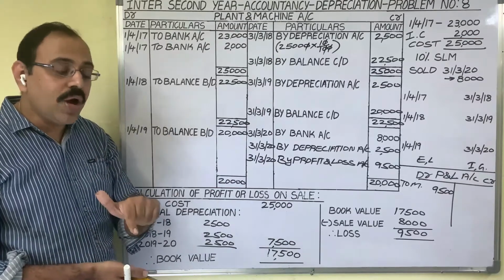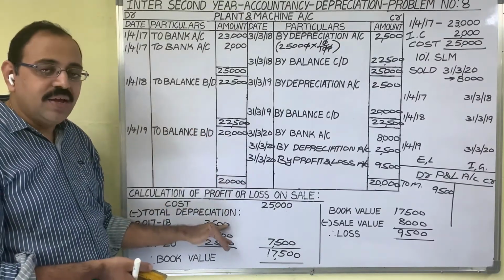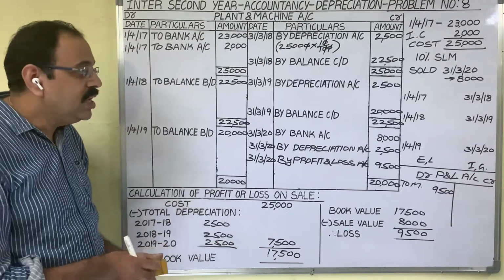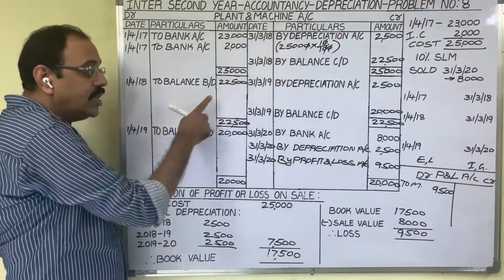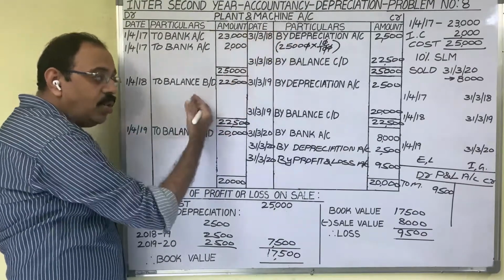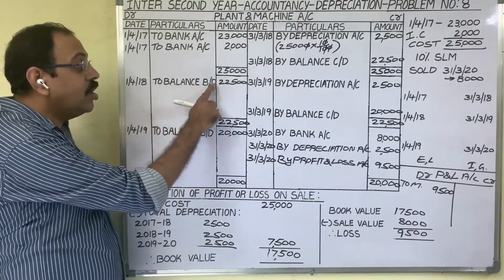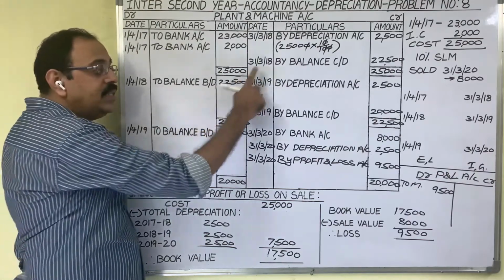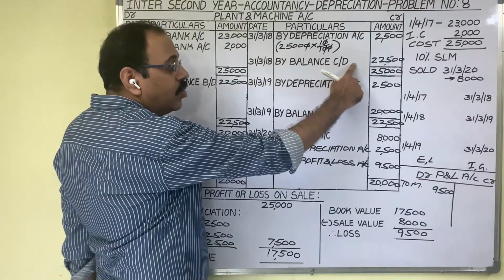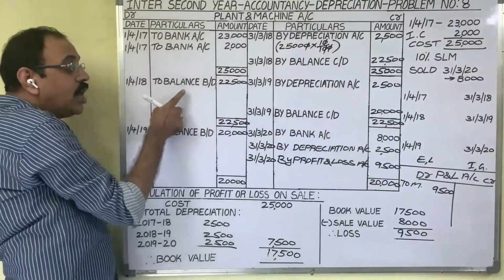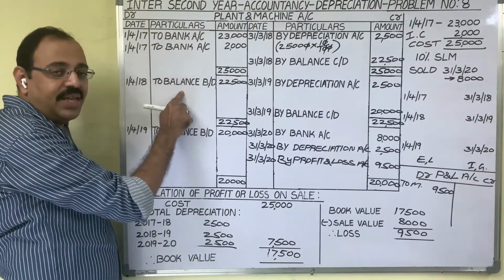If you want to continue for next year, can you continue this account? No, because from one year to another, if we want to continue, we should start with a balance brought down figure. As there is a balance carried down on the last date of the first year, we are able to continue that account for the second year.